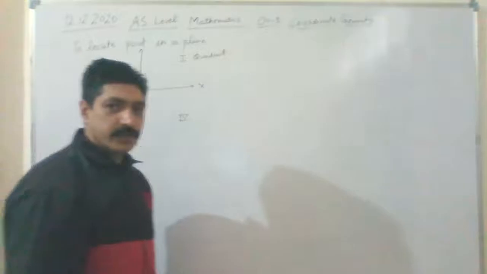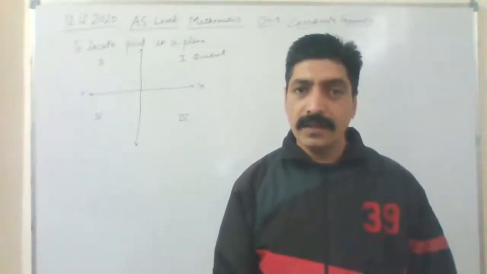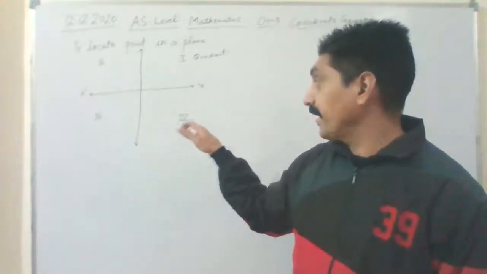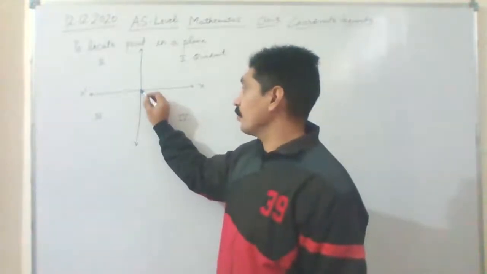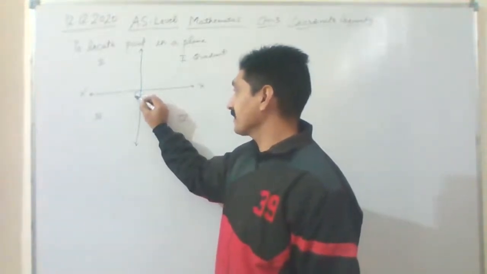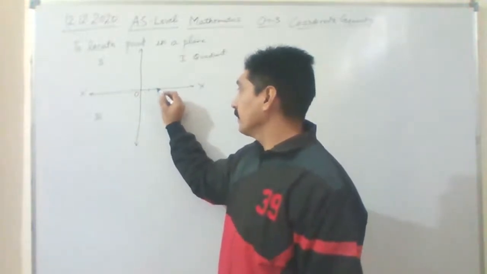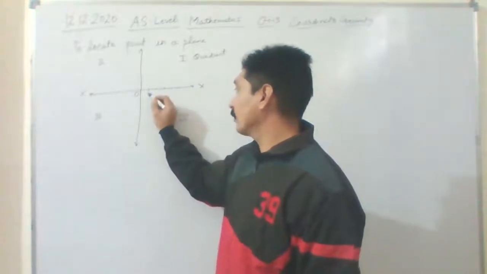So in the book also they have explained it in the same way, the quadrants 1, 2, 3, and 4. The point where these two lines intersect is called the origin, 0, and then 1, 2, 3, 4, 5, and so on.